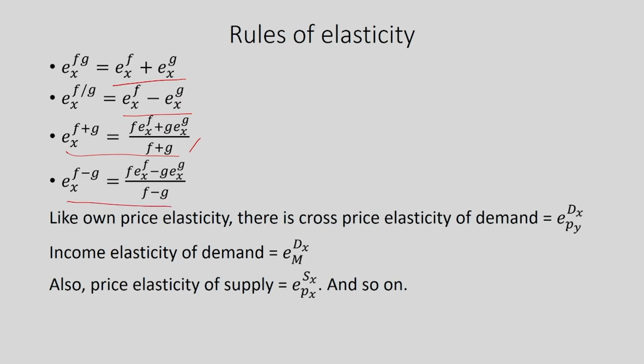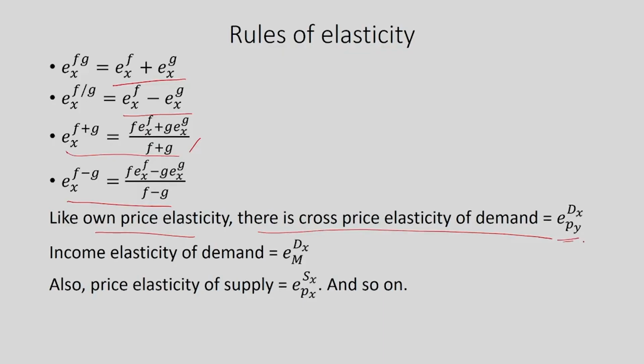Now, we have talked about own price elasticity before. So, you take a quantity demanded and you change the price of the same good, that is called own price elasticity. Now, there is something called the cross price elasticity also, which is, suppose price of some other good changes, then the quantity demanded of a particular good can change.